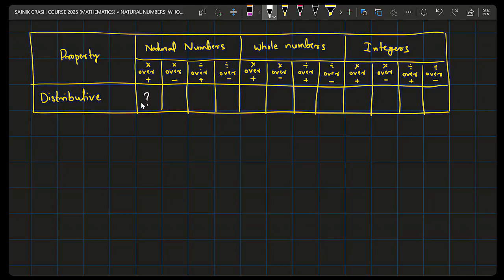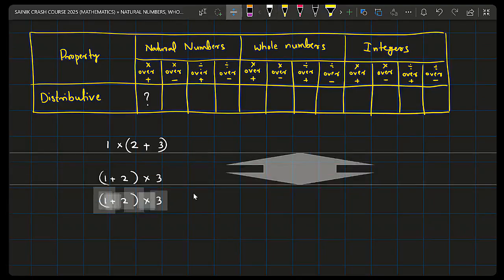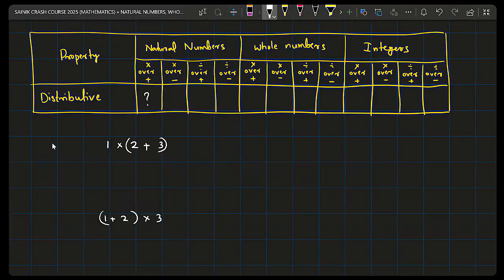Okay, we'll take 1, 2, 3, multiplication over addition like this, or we can take it like this, 1 plus 2 into 3. The first one is called left distributive property.